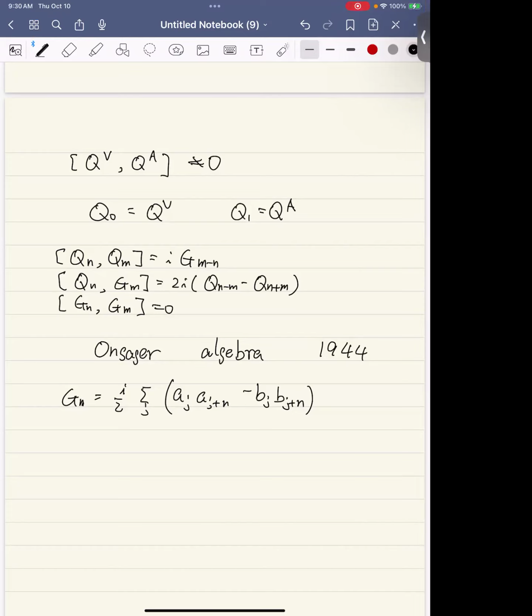And I should say that this fact, when you bosonize everything, was first noted by Paul Fendley and collaborators.